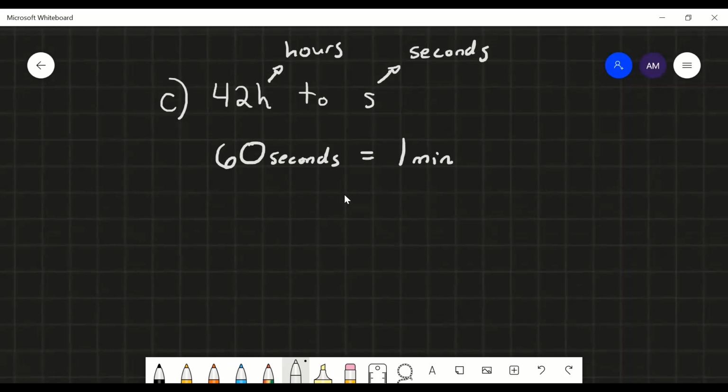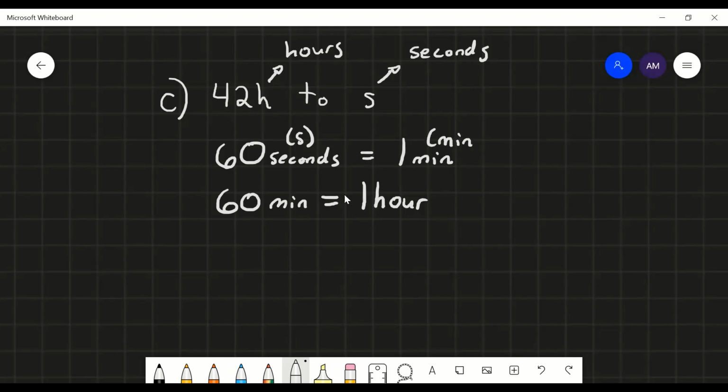I also know that 60 minutes is the same thing as 1 hour. Now, just for simplicity, I'm going to put S for seconds, MIN for minutes, and hours is typically just abbreviated as H.